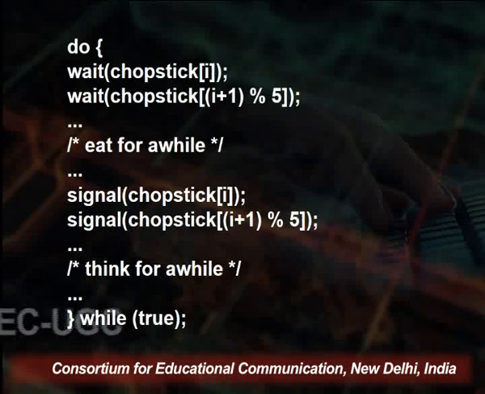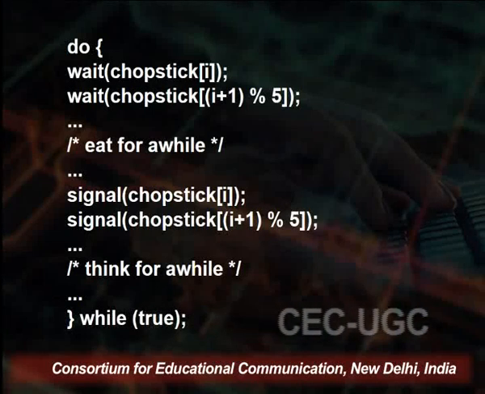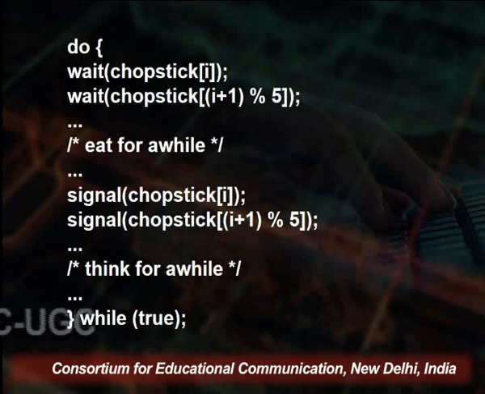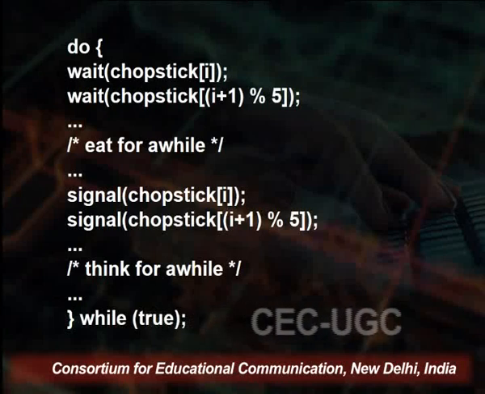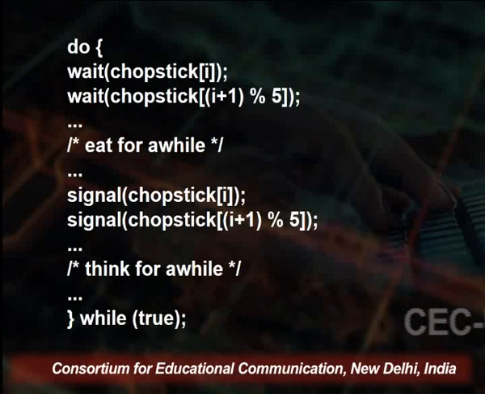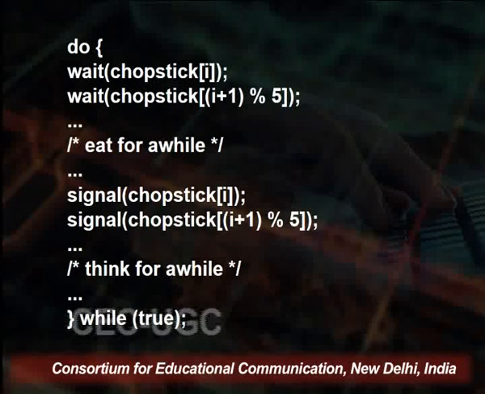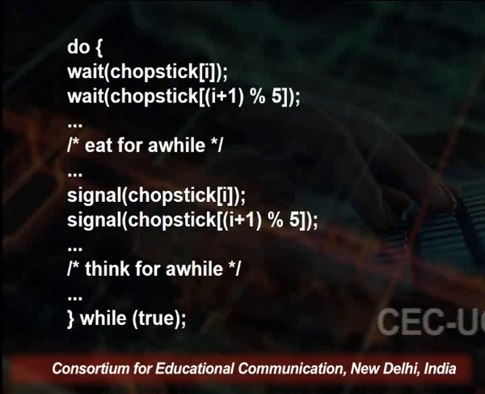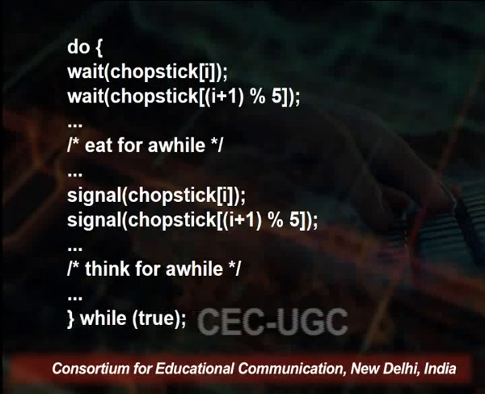Now, after grabbing 2 chopsticks, or 2 resources, from her left and right, the philosopher is going to eat for a while, that is obvious, and then chopstick i and chopstick (i plus 1) mod 5 are released with the help of a signal function call, and the philosopher is again in the thinking state, and this will go on.